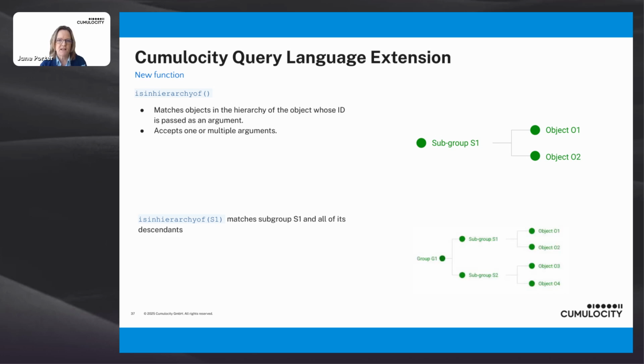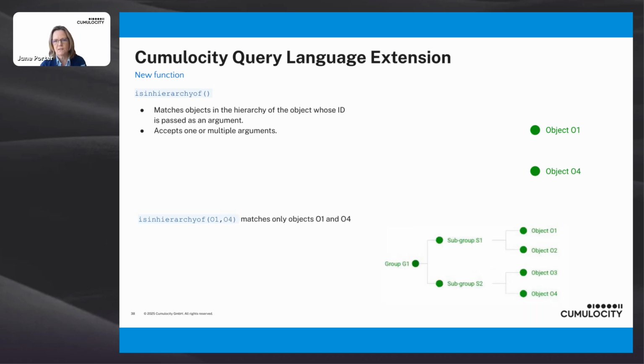Likewise, if I say I would like the group in hierarchy of S1, it will ignore everything apart from that group S1 and all of the devices in that group. And then just to complete the story, so you can see what happens if you just ask for the object, given that hierarchy at the bottom right, if I ask for just object 1 and object 4, that is all that is returned.